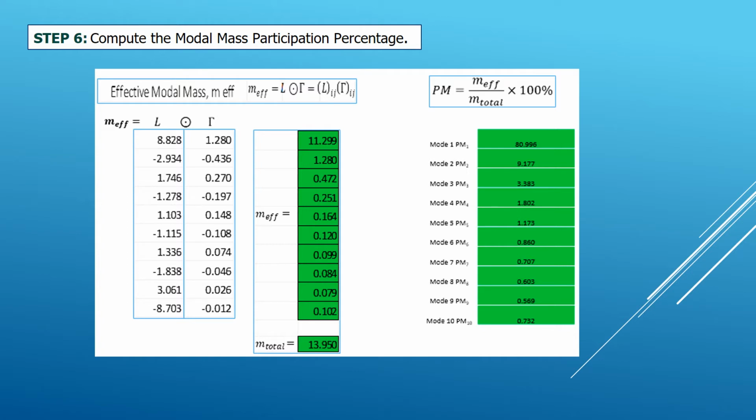So, according to NSCP 2015, at least 90% will participate. So, in this result, pwede na si mode 1 and mode 2 kasi nakaabot na sila ng 90%, pero need pa rin natin i-consider yung ibang mode.